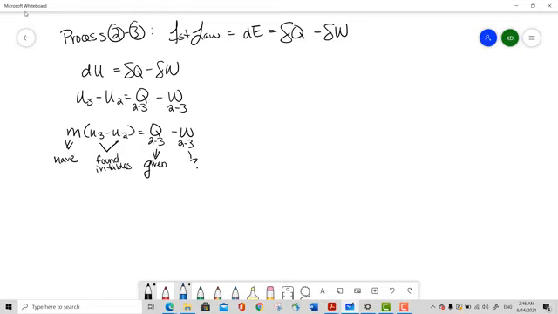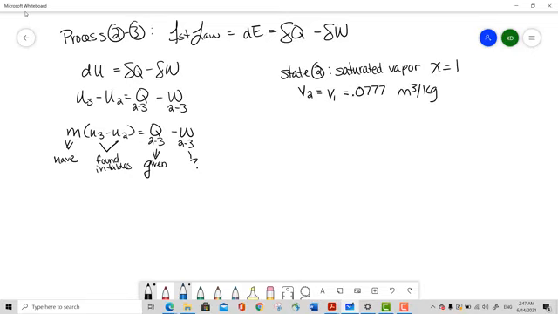So at state 2, we have saturated vapor. That has a quality of 1. And we know, again, constant volume, v equals 0.777 cubic meters per kilogram.